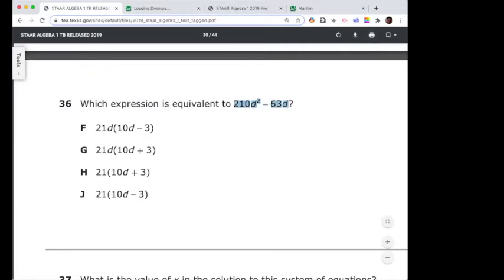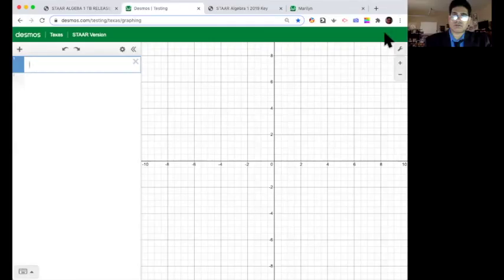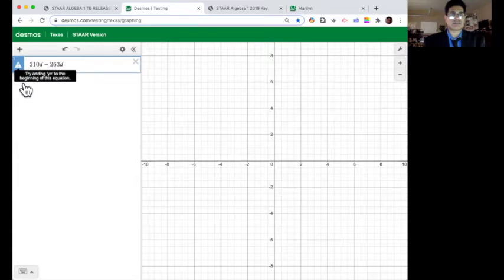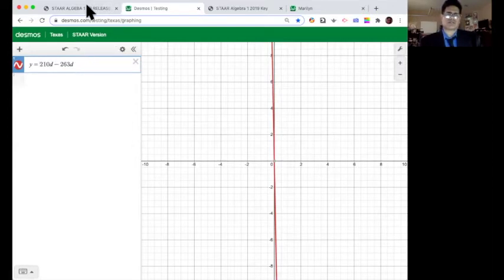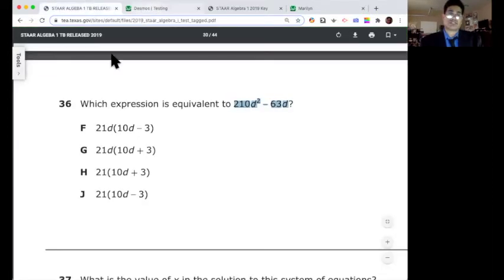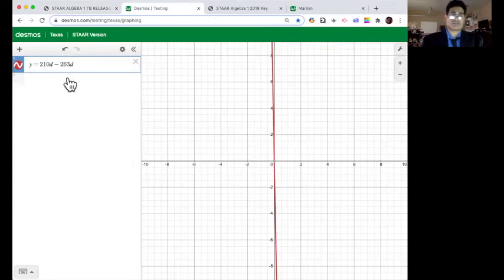So let's go back to the Desmos calculator. Paste that. And it says adding y to the beginning of the equation would be a good idea. And why? Because it's an equation. So it's y equals 210d squared minus 63d.